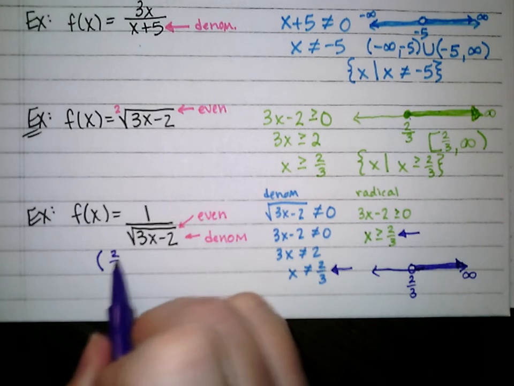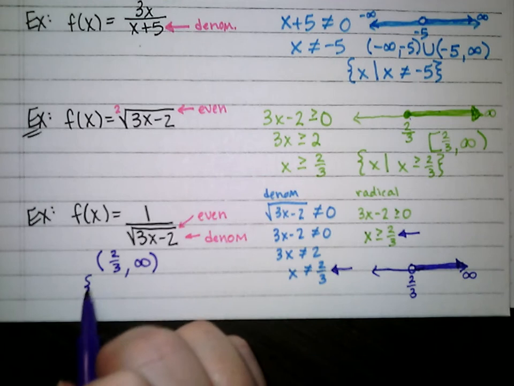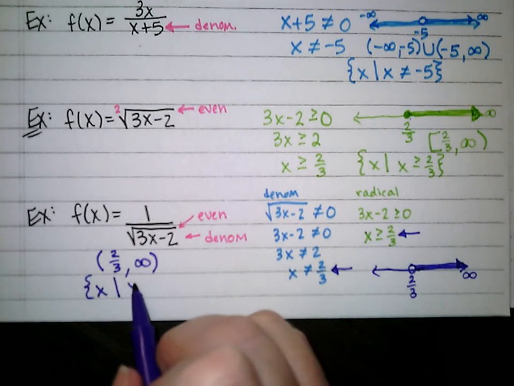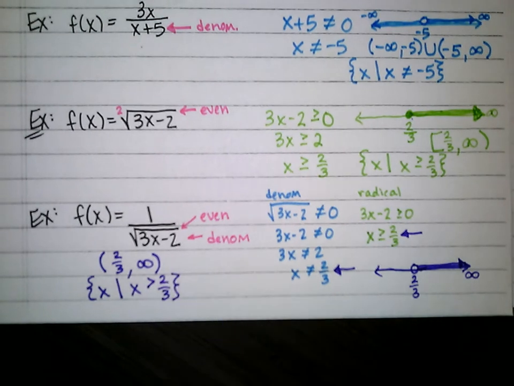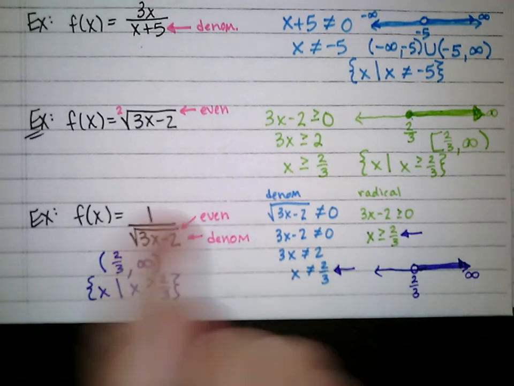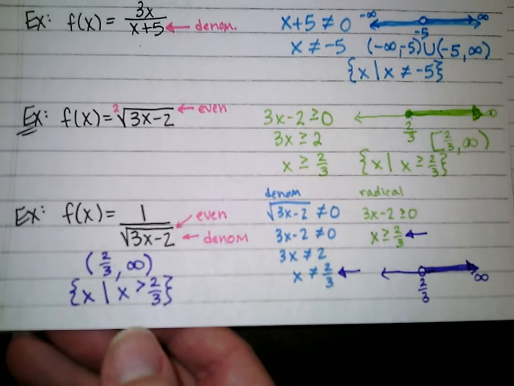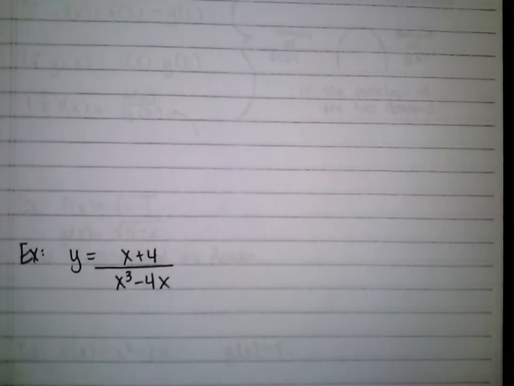So 2/3 to infinity would be my domain. And then in set builder notation, the set of all values of x such that x is just greater than 2/3. So watch out for that when you have more than one restriction that you have to pay attention to in your function. Okay. More on that here.